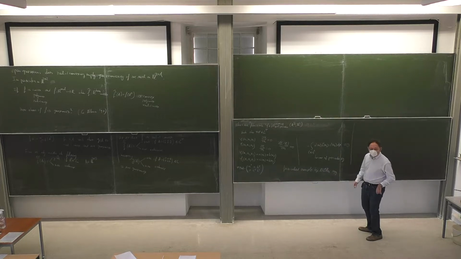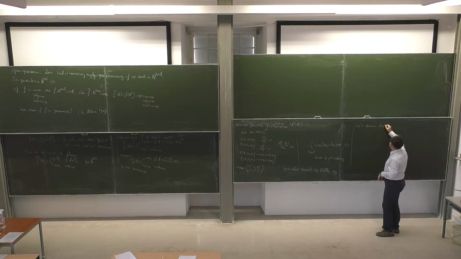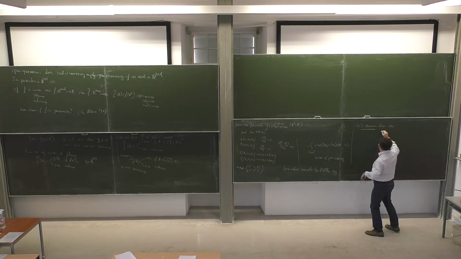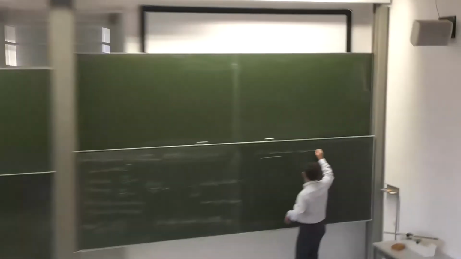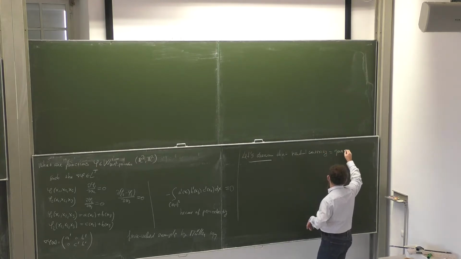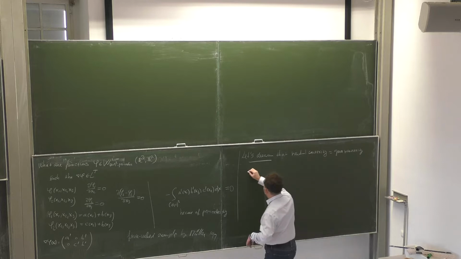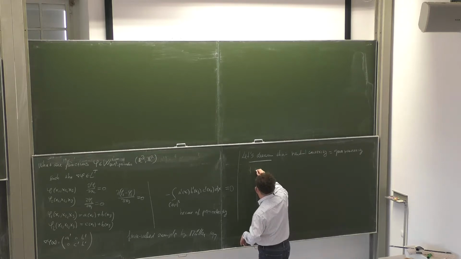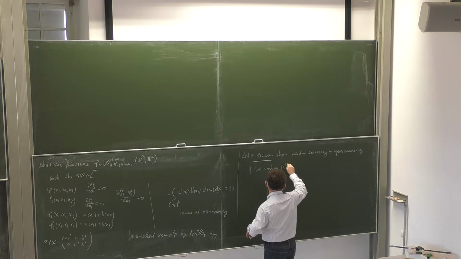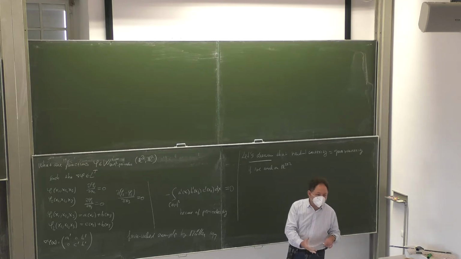So let's dream for a moment that if we work on R^{2x2}, then this problem cannot happen, because if I assume this is the same, so I also transpose it and I get a rank 1 convex function.